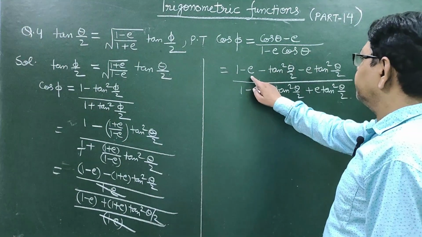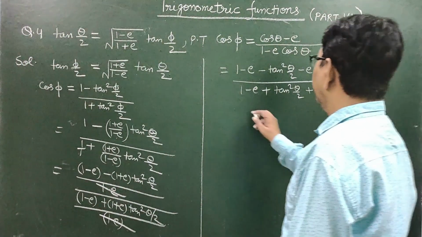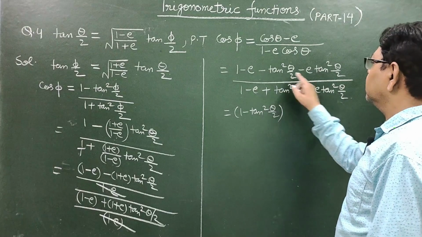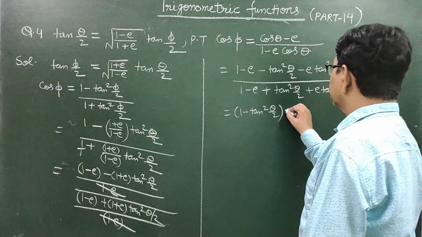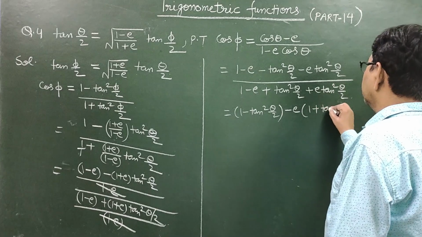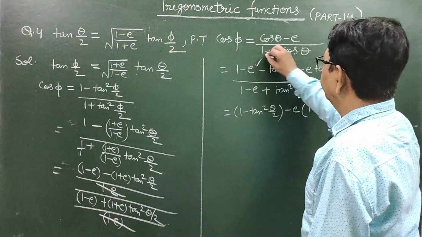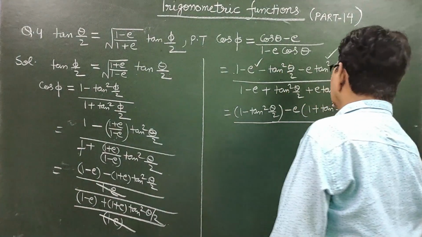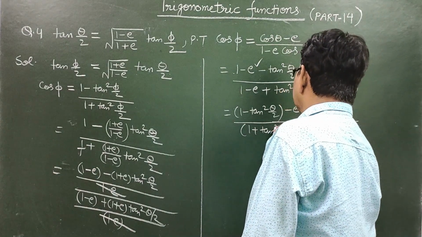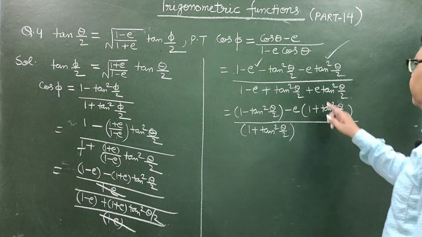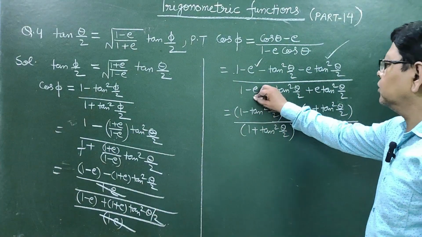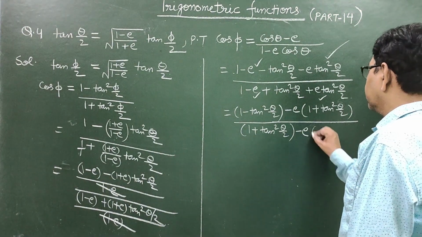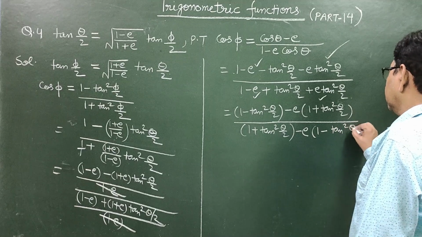Now this e we will keep separate, keeping these two terms together and these two together. Then I can write the numerator as 1 minus tan square theta/2, and from these terms taking the minus sign common, minus e into (1 plus tan square theta/2). Similarly, in the denominator we have 1 plus tan square theta/2, and if I take minus e common from these two terms, I get 1 minus tan square theta/2.